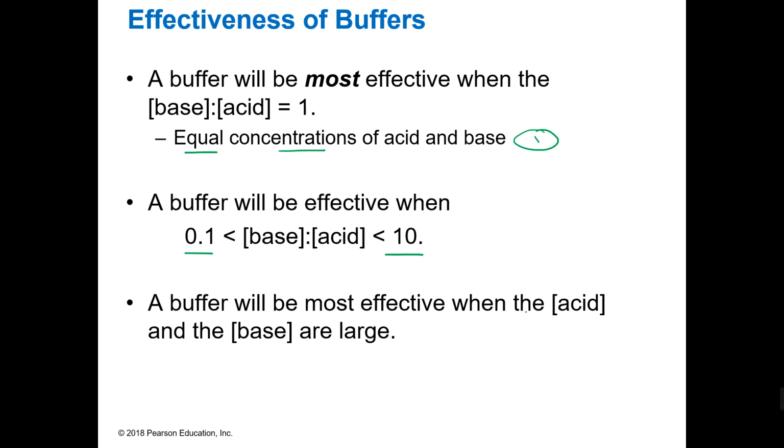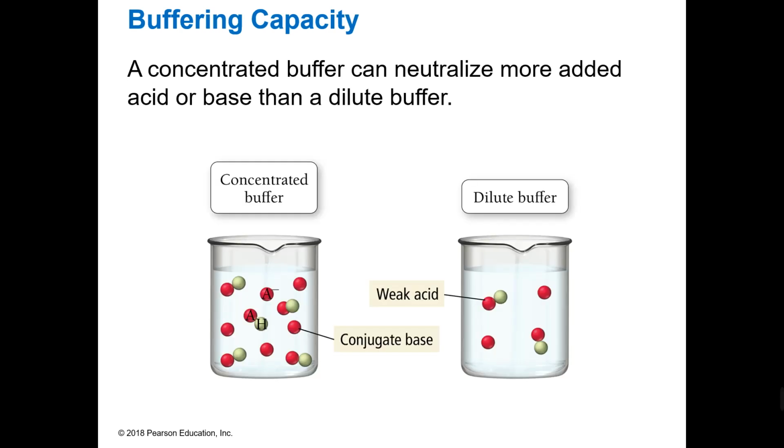And most effective when you have a higher concentration of acid and a base as opposed to a lower concentration of an acid and a base. It should make sense that the more concentrated something is, the more it can buffer, because the more entities are present in order to neutralize an acid or a base that's added to the system.